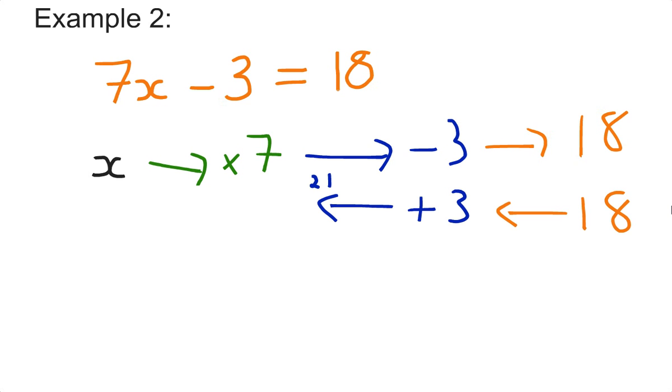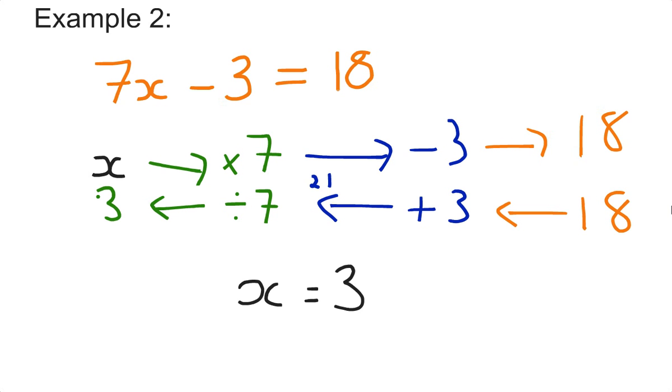And then the opposite of times is divide, so we're going to do 21 divided by 7, which is 3. So x equals 3. Fantastic.